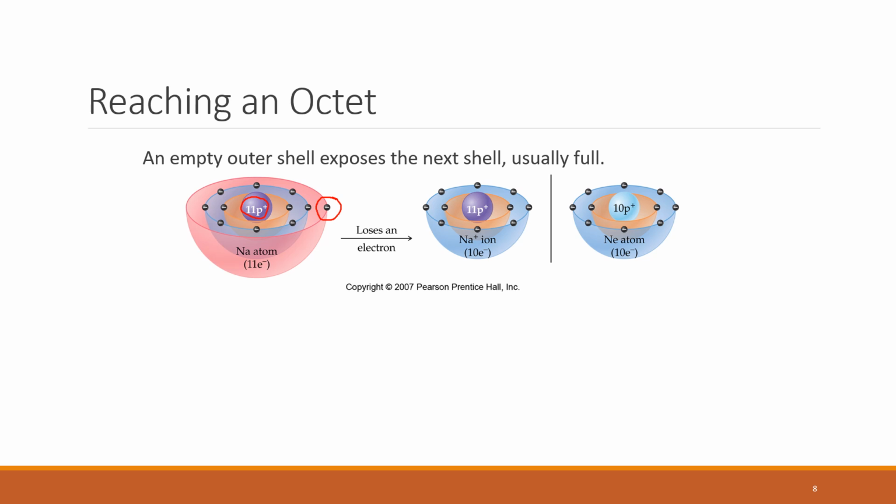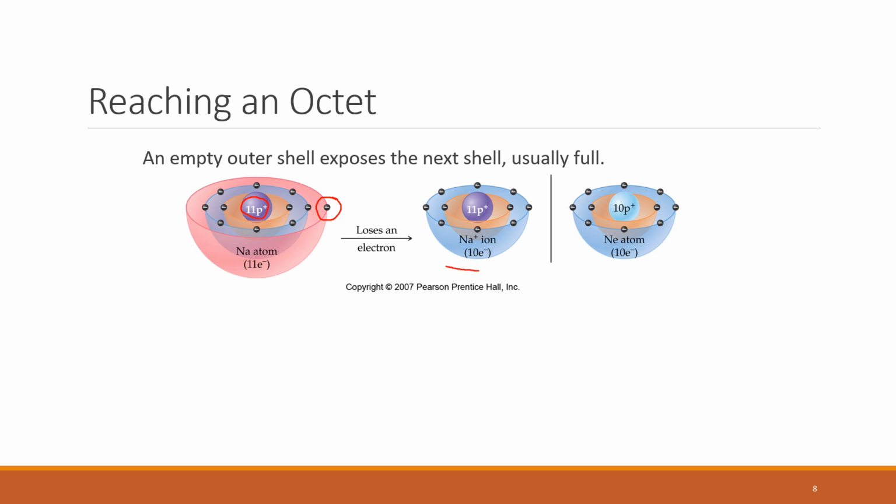Now, gaining 7 electrons, as we saw when we looked at ionization energy and electron affinity, is going to be extremely difficult. That's going to take a lot of energy to gain that many. However, it'd be much easier for that sodium atom to lose 1 electron. And that's what it does. And what happens when it loses that 1 electron? Well, then there's no more electrons in that original outer shell. Now it has a new outer shell.